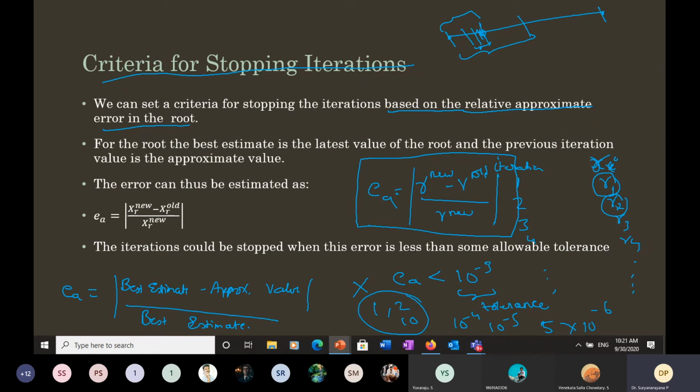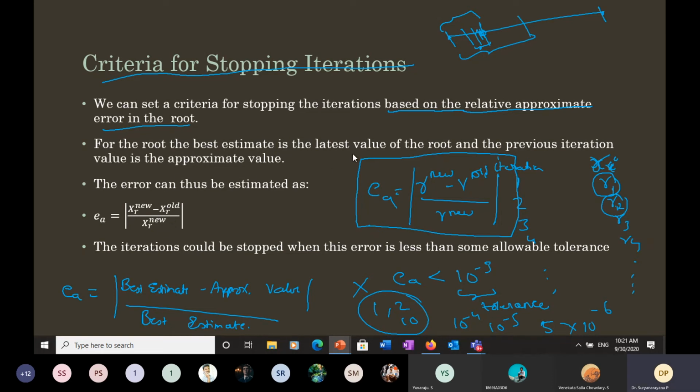What is the meaning of approximate error? Yours is an approximate value, but if there is a way for you to find a better approximation than what you have, then you can compare that better approximation with your approximation to find an approximate error, and then divide that by the better approximation to get what is known as the relative approximate error.